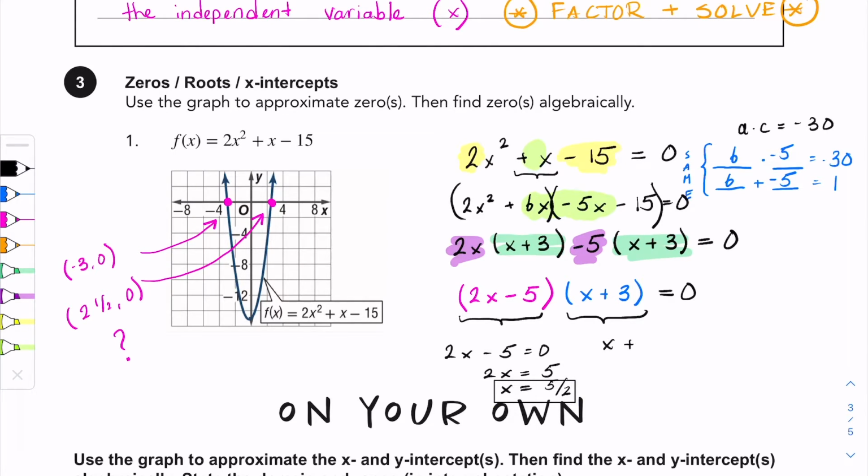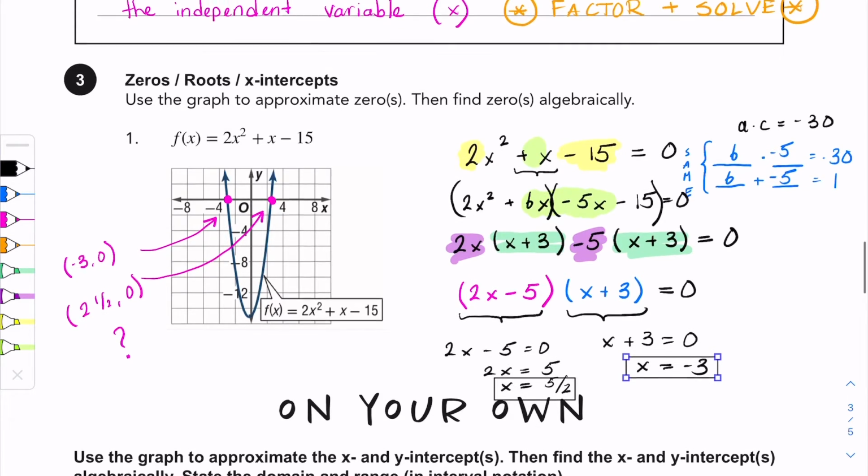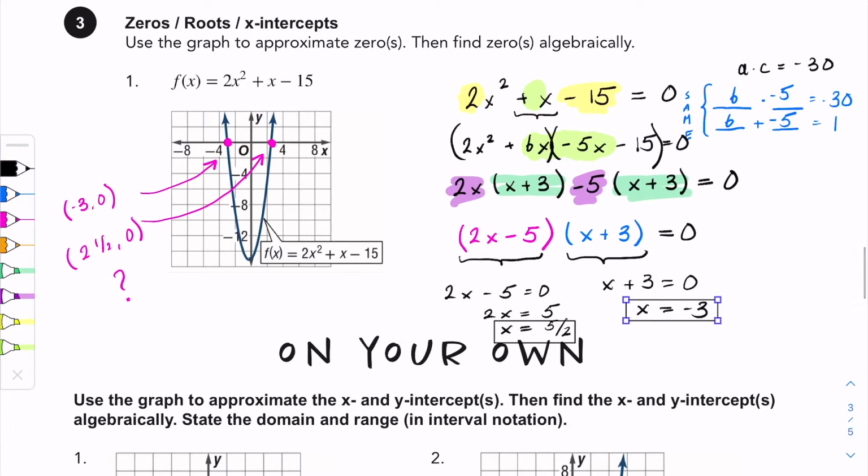X plus 3 equals 0, or x equals -3. Those are our x-intercepts. It's a good idea to write them as ordered pairs. So an ordered pair of 5 over 2, comma, 0, and -3, comma, 0.